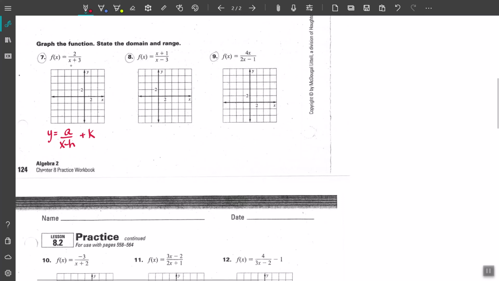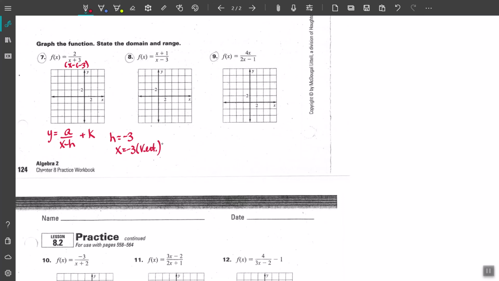Now, the x plus 3 in the denominator needs to be rewritten as x minus -3, so that we have it written as a difference here. From that we can see that our h value is -3. So that means that at x equals -3 is going to be our vertical asymptote.